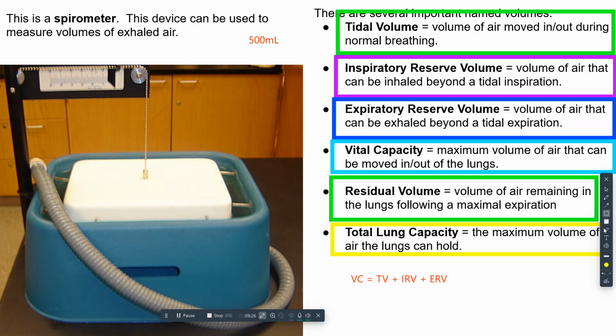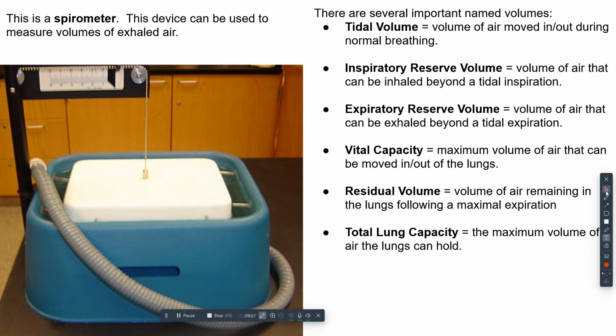And as you might expect, total lung capacity is the residual volume, the amount that you can't get rid of, plus the maximum amount you can bring in, which is your vital capacity. So we have to know these two equations. We have to commit those to memory. Okay?